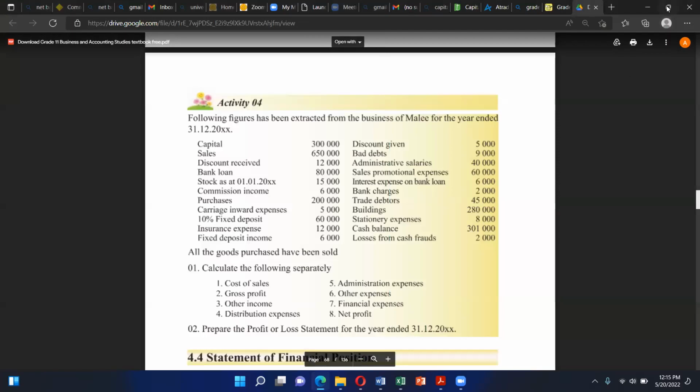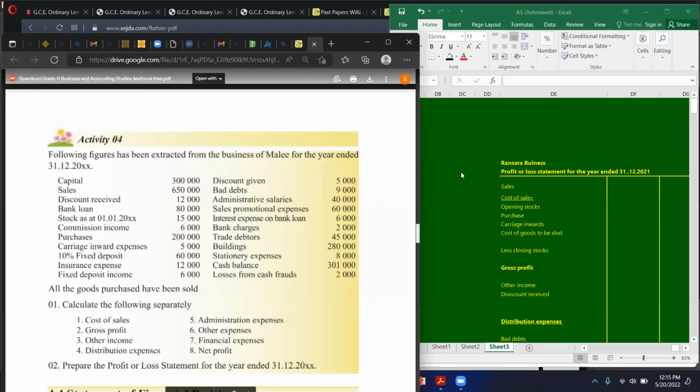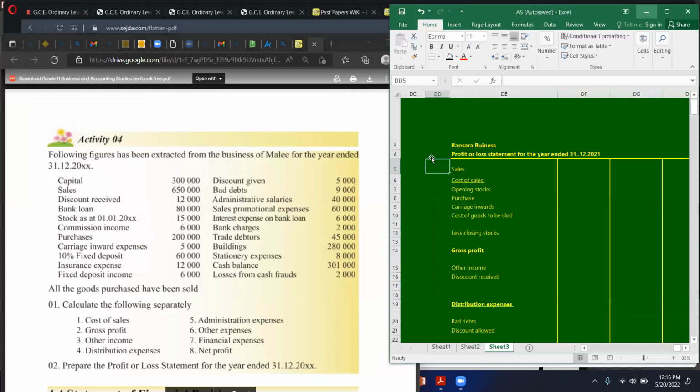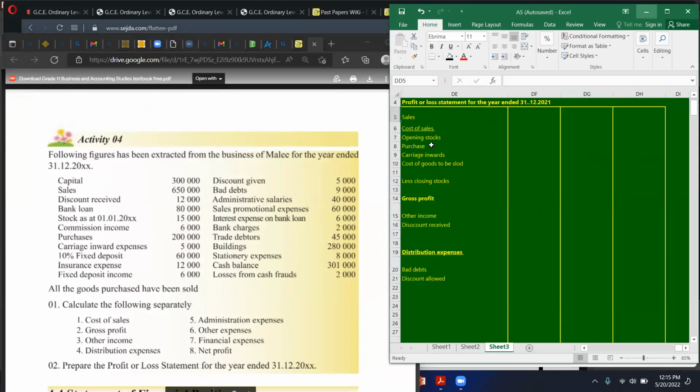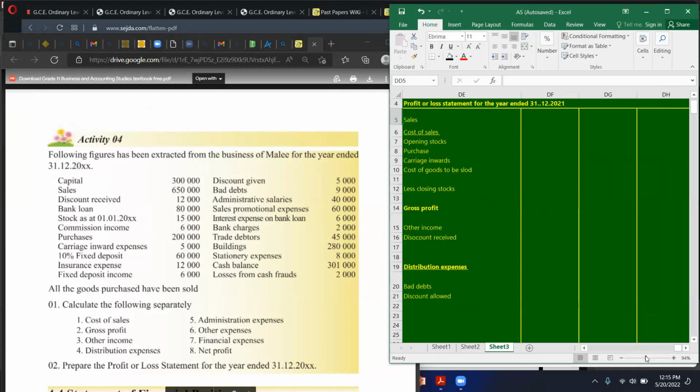Everyone draw the structure. Sales, cost of sales, opening stocks, purchases, carriage inwards, then put the total and write it down, cost of goods to be sold.